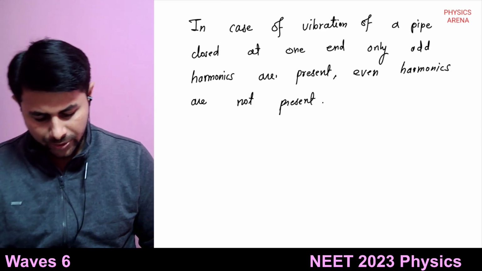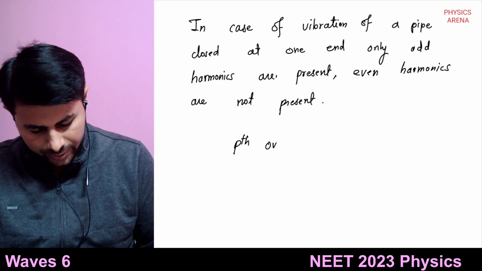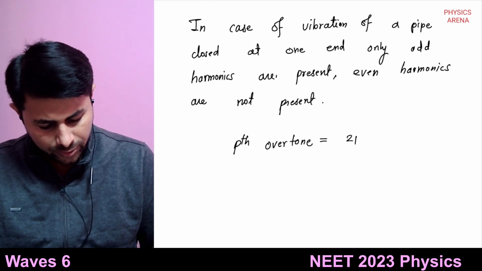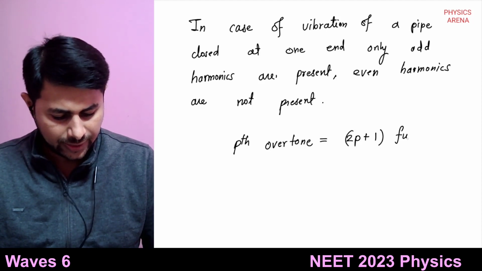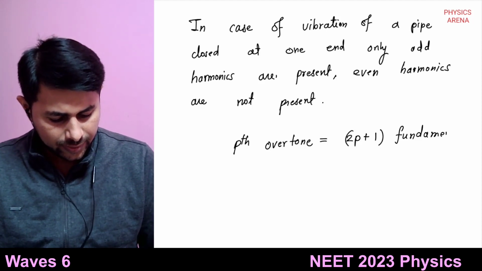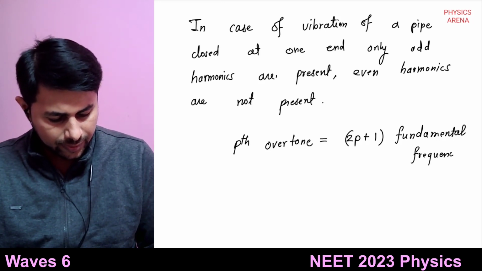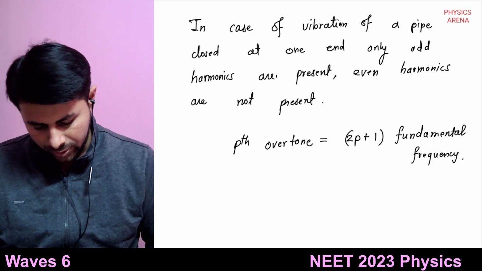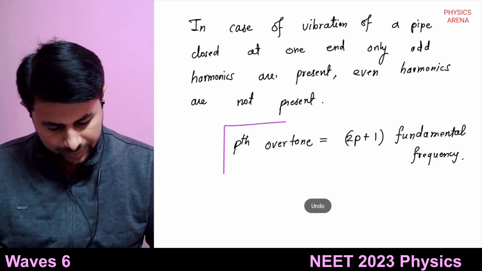So that means the pth overtone is equal to (2p plus 1) times the fundamental frequency. Okay. The pth overtone is equal to (2p plus 1) times the fundamental frequency.